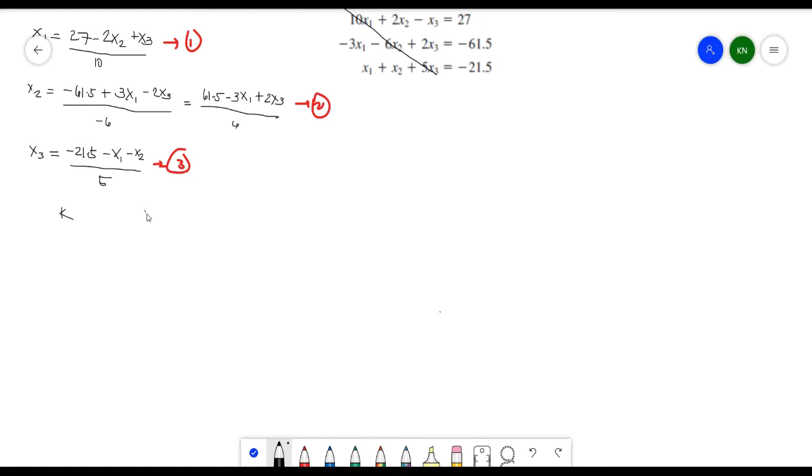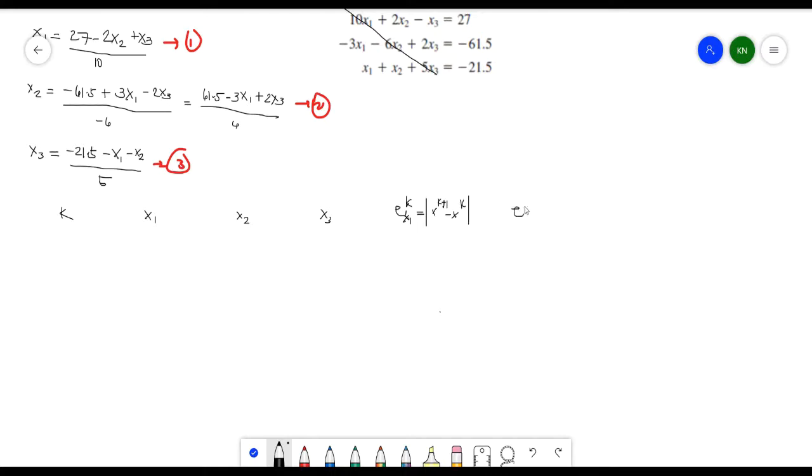So we have the x sub 1, x sub 2, and x sub 3. We also have the relative error in terms of x sub 1, which is equivalent to the absolute value of x raised to k plus 1 minus x raised to k.